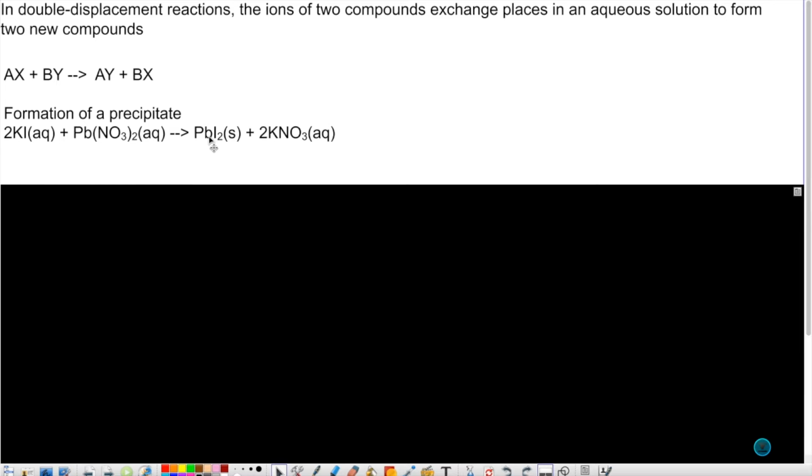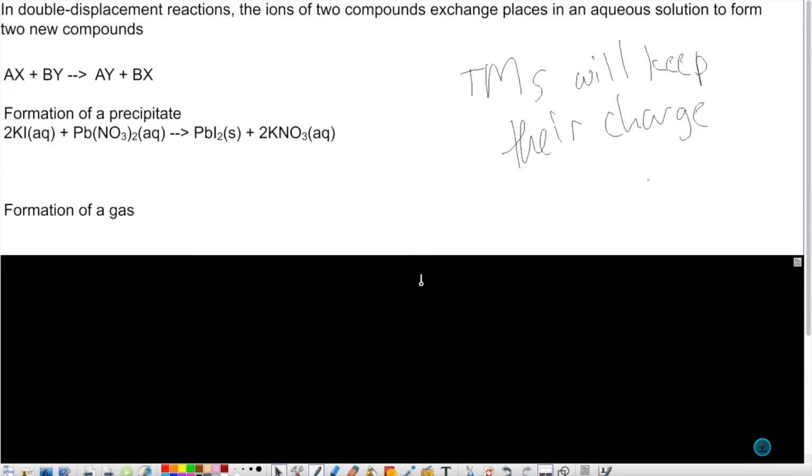What do you do with the transition metals? In the past, I've had to tell you what to do. Here, because transition metals have a charge, they're part of ionic compounds. Just say that TMs will keep their charge, and that's important, otherwise you can't do it.